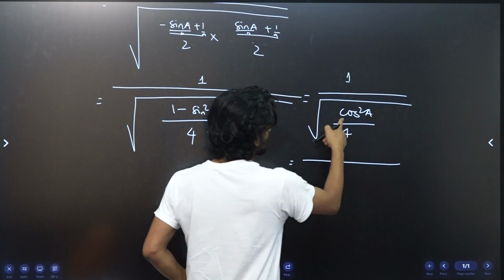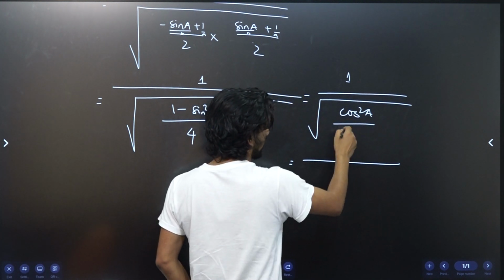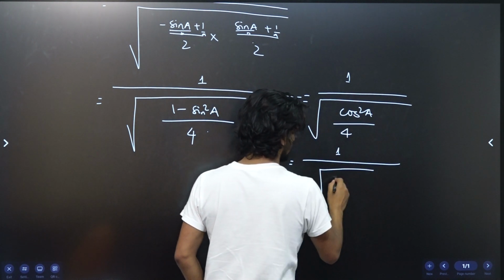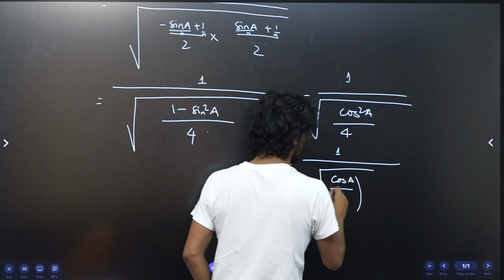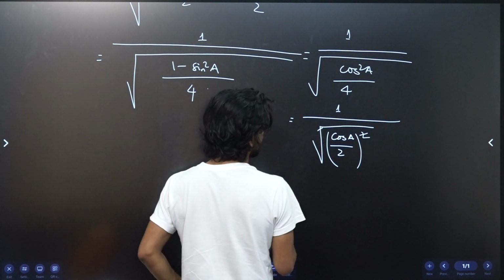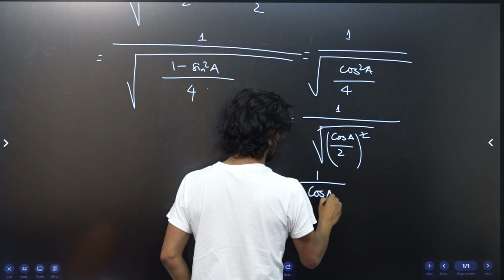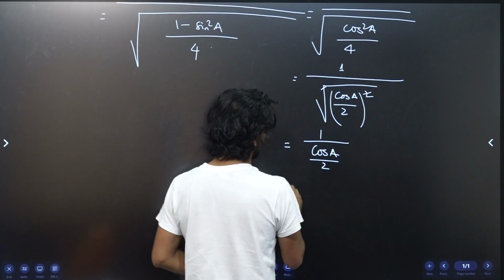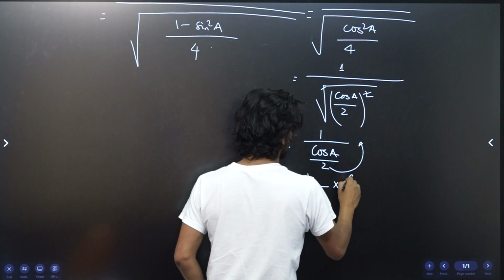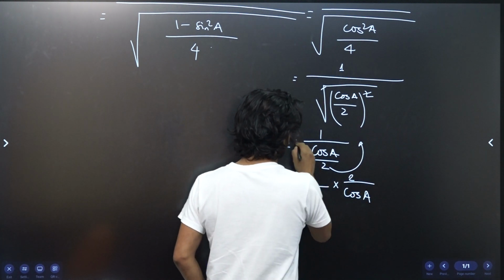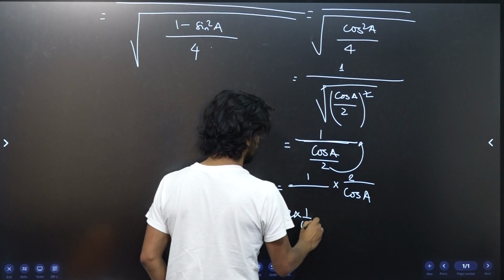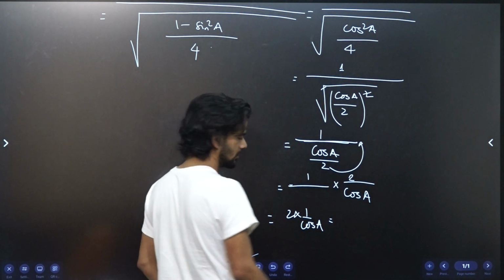So we can write this as (cos A/2) whole squared, and the root and square cancel one another. 1 divided by cos A over 2, and the 2 goes up: 2 times 1 over cos A equals 2 sec A.